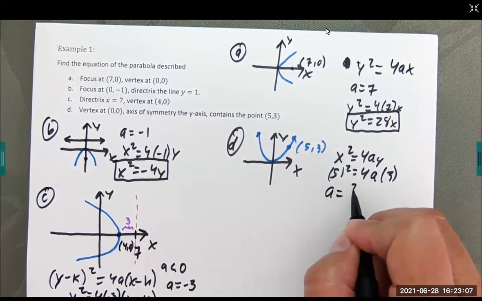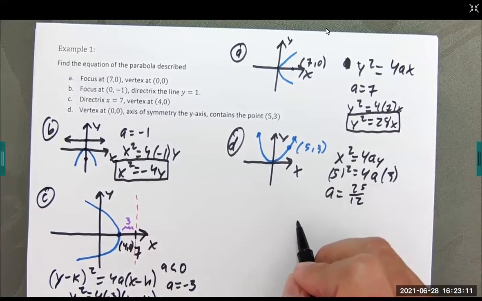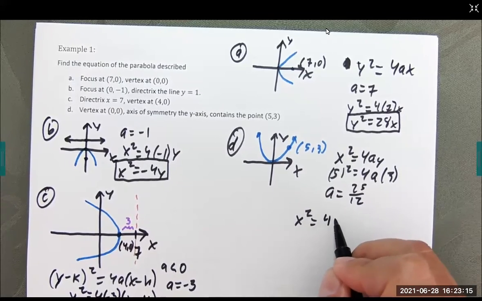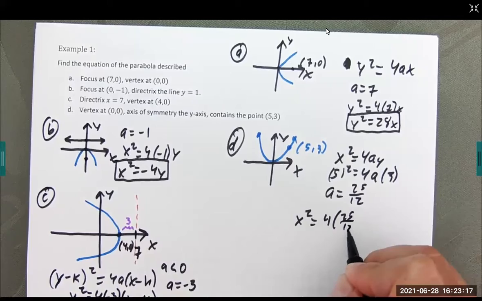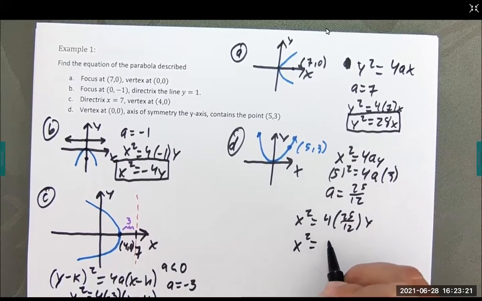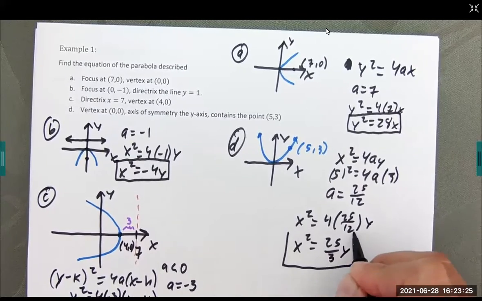A equals 25 over 12. Putting that all back together, we have x squared equals 4 times 25 over 12y, and that reduces to 25 over 3y. There's our equation.